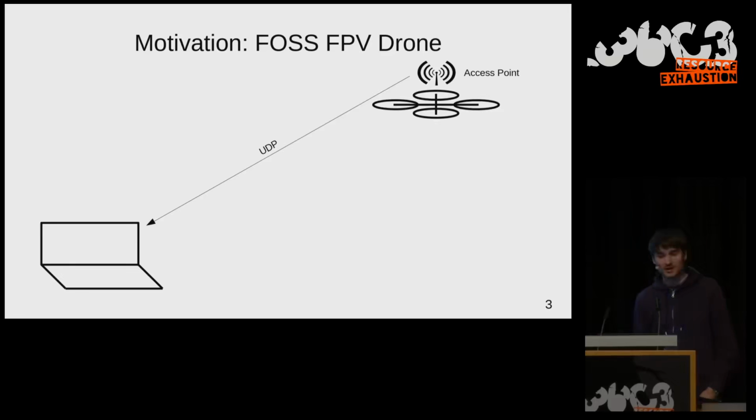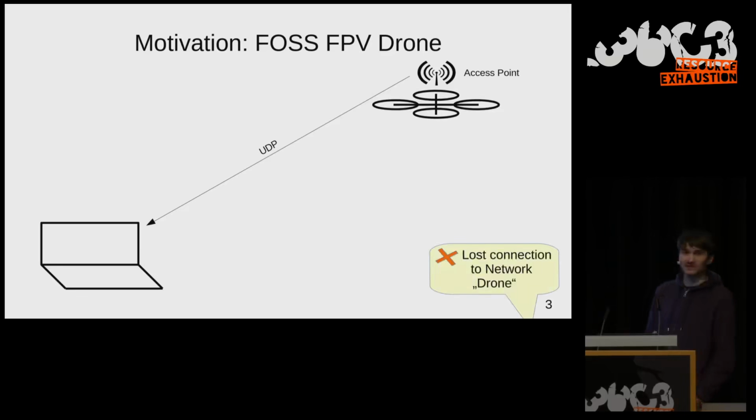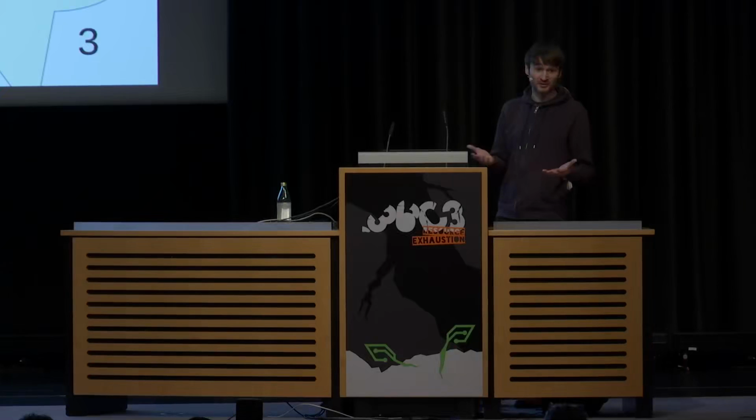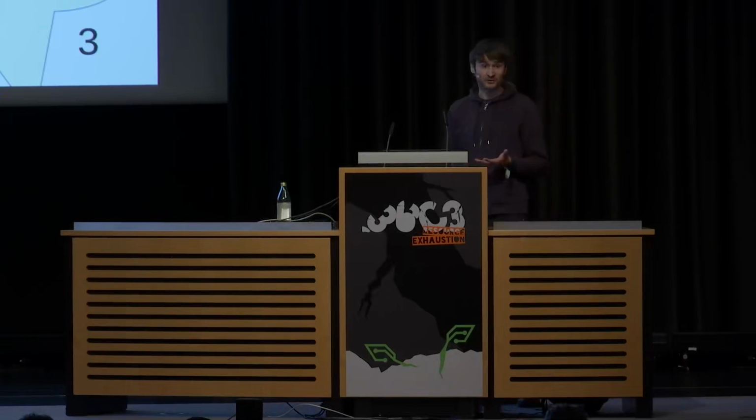It should work. And if you test it at home, you will probably notice that it works really well. And then you go outside, start flying, having the time of your life, and suddenly, oops, you lost association. And this means, of course, you as an operator, you're instantly blindfolded. And good luck trying to rescue your drone in that situation.